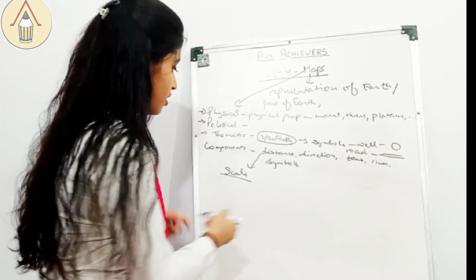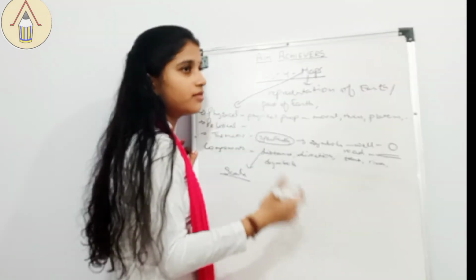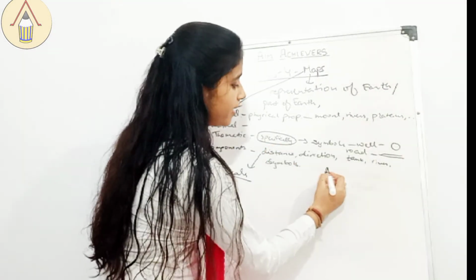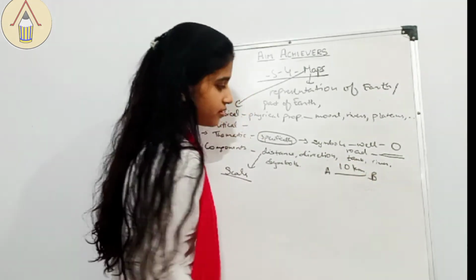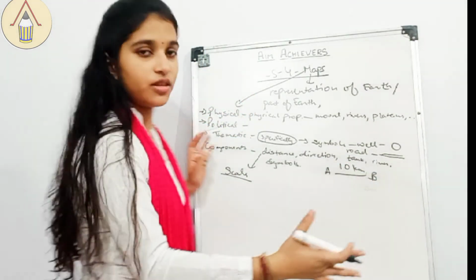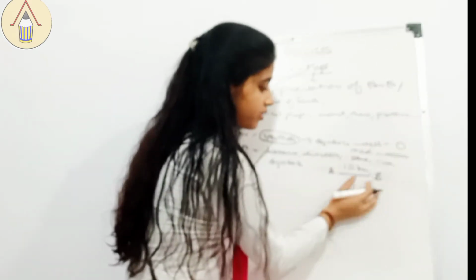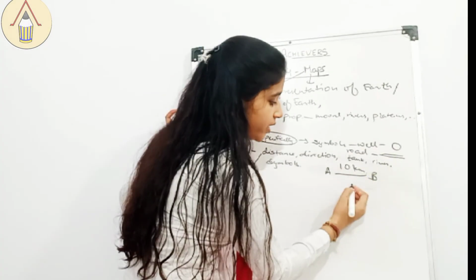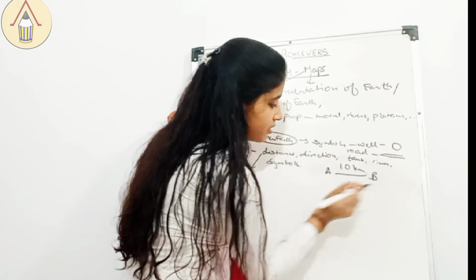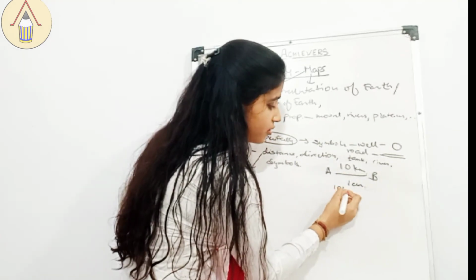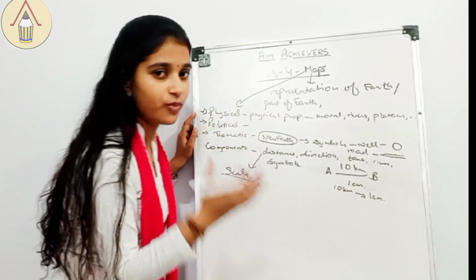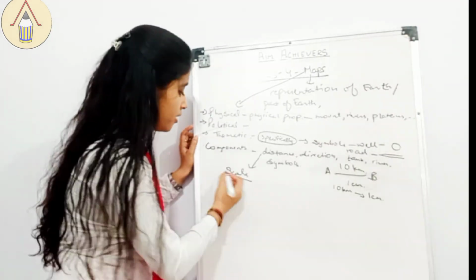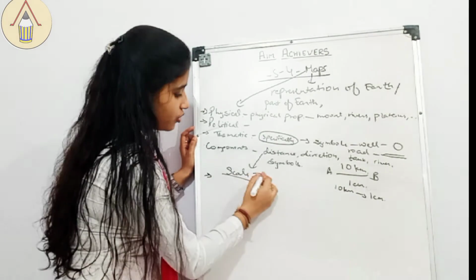For example, from point A to point B it is 10 kilometers of distance, so we can't make such a huge map. We have to bring it down to just 1 centimeter, so we will give the scale as 10 kilometers represented as 1 centimeter on the map. Now this is known as scale.